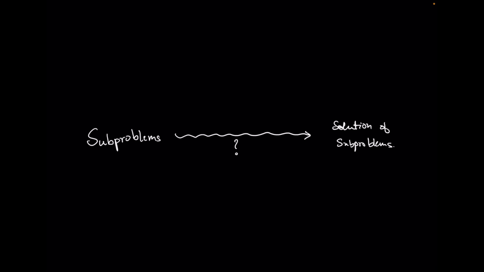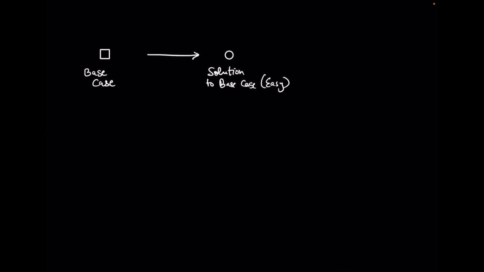The first one is that the sub-problem that you have is a base case itself, right? What I mean by a base case is any kind of input that you have for the problem, or any sub-problem that is easy to solve, the solution to which is either very obvious or can be easily computed.